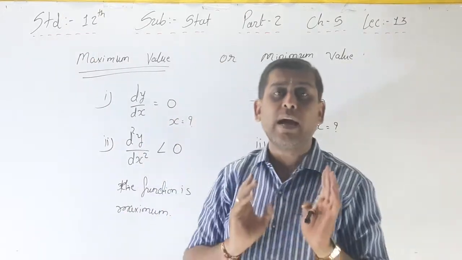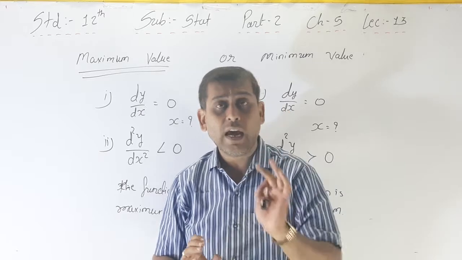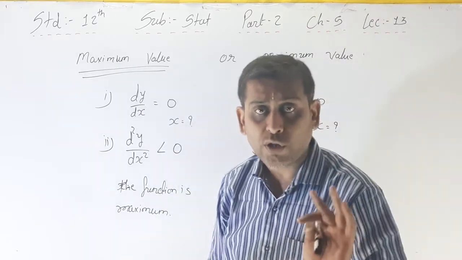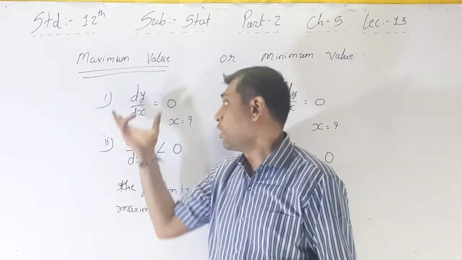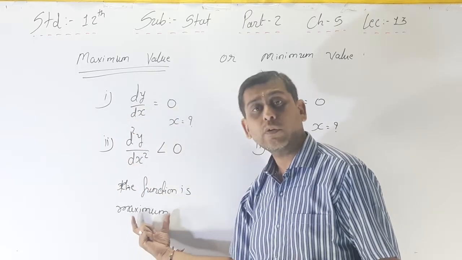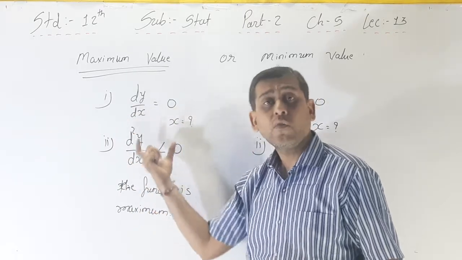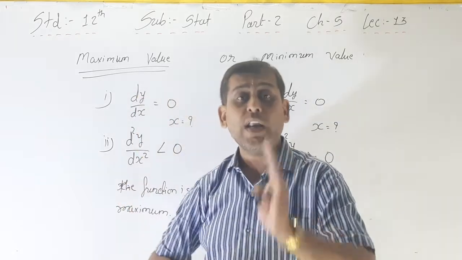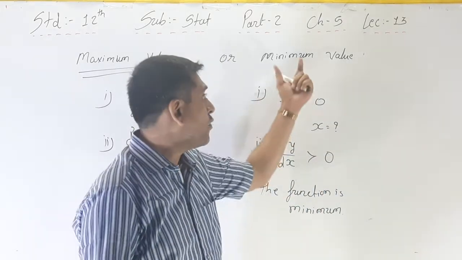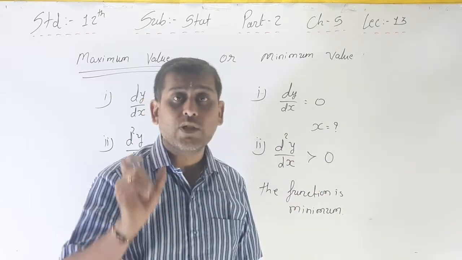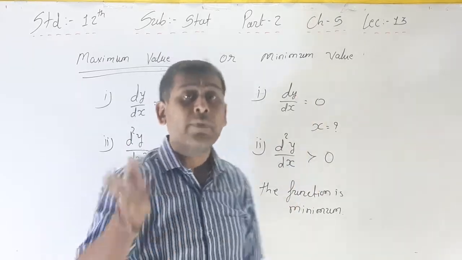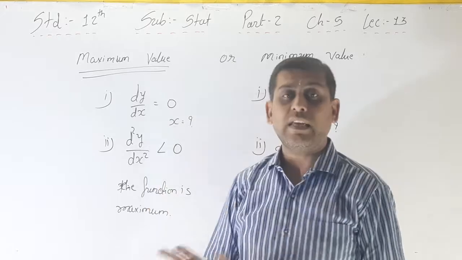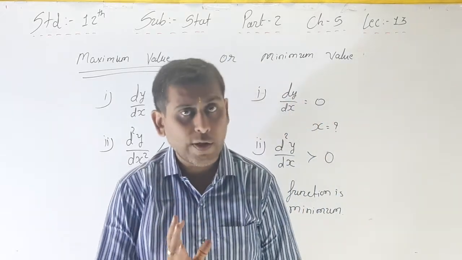We have to keep in mind that whenever they give a demand function and ask for the revenue function, we use this condition, and whenever the cost function is given, we use the other, because the cost function is always minimum and the revenue function is always maximum, right?